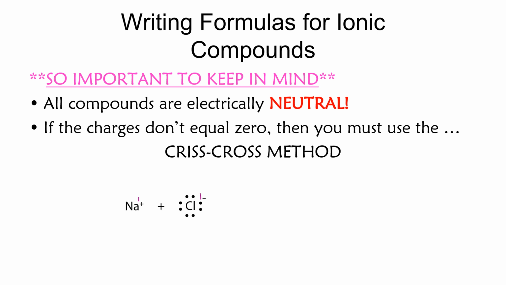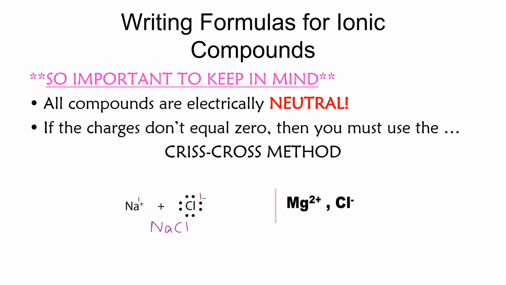So when we write this formula, we'll just say we have one sodium and one chlorine in each compound. However, when we are talking about magnesium and chlorine, magnesium has a charge of +2 and chlorine has a charge of -1. When we write the formula for that, we bring their charges down to the opposite side.